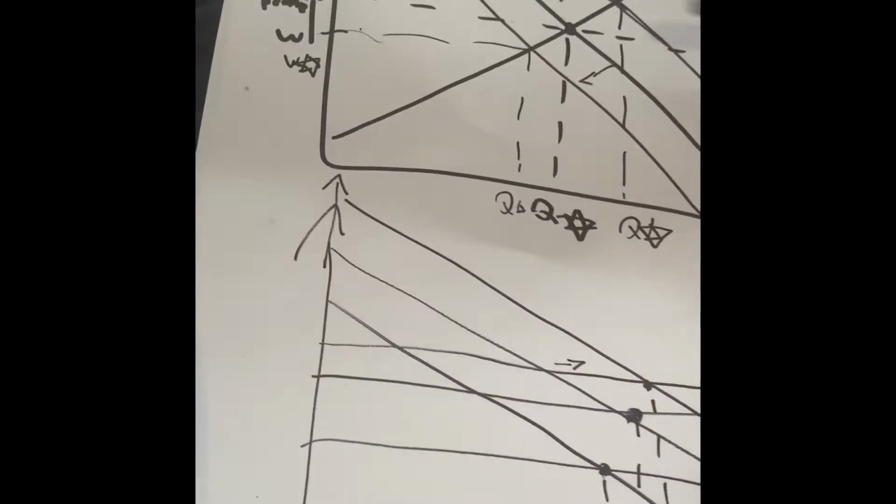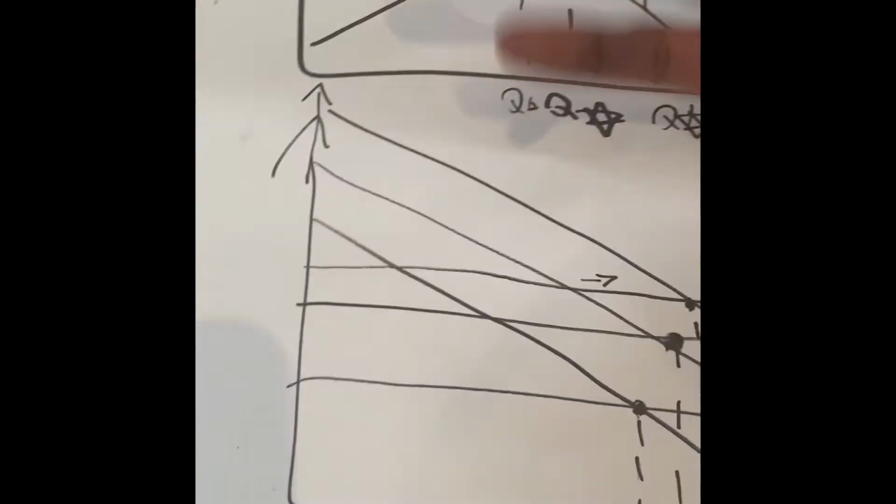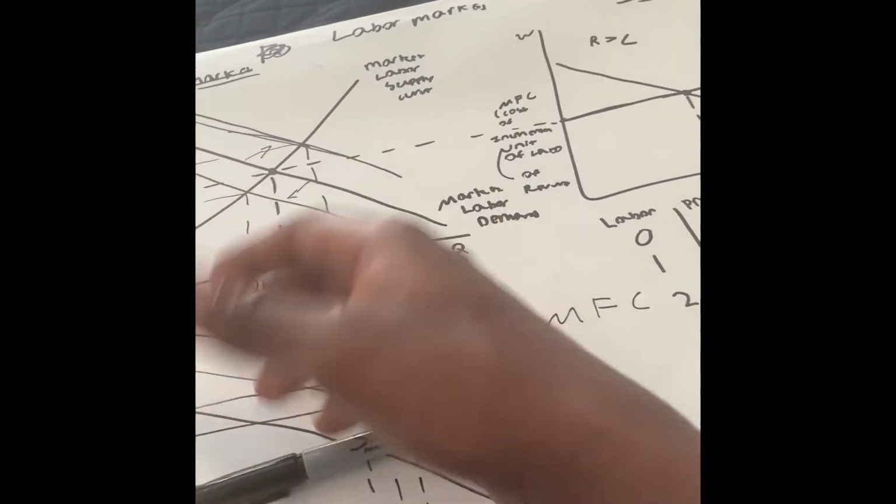It also shifts to the left, and because of that, wages go down, and the quantity of labor needed also goes down because they don't need to produce as much anymore. And that's what happens when the price goes up and down. The firm quantity equilibrium is here, and then MFC, but all that switches with the price.